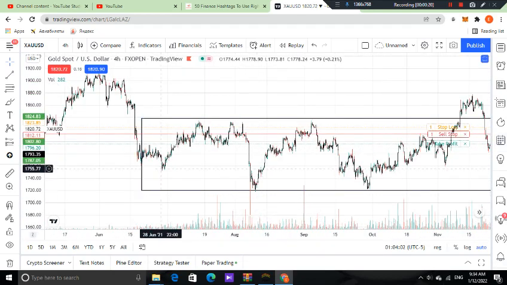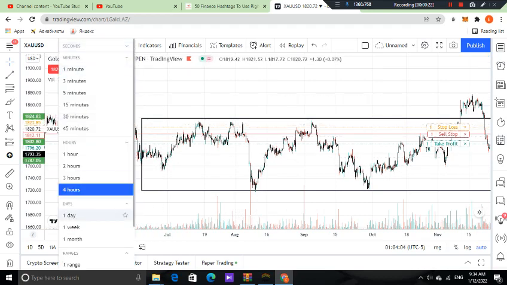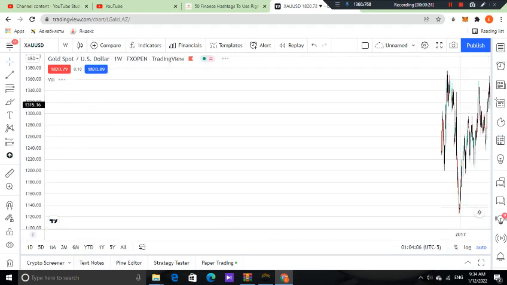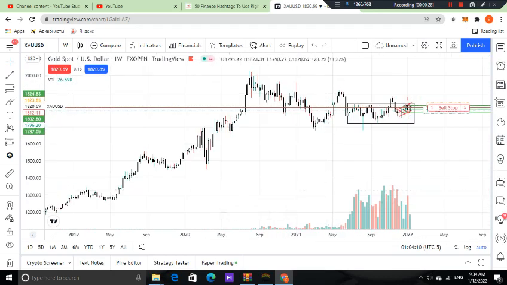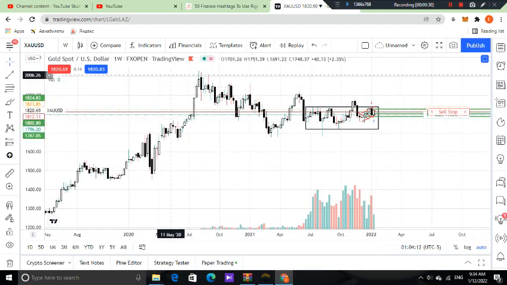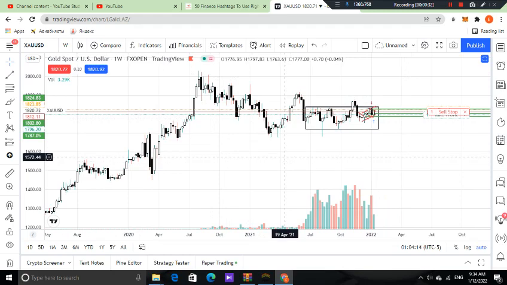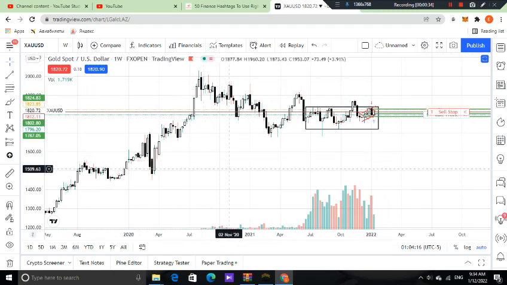If you look at the chart from, I don't know, the weekly time frame, you can see a box. Before that you can see we had a channel right here.